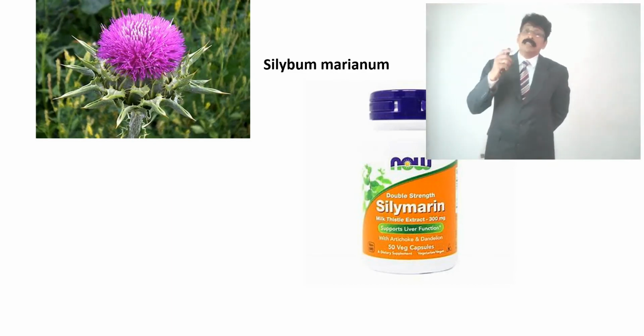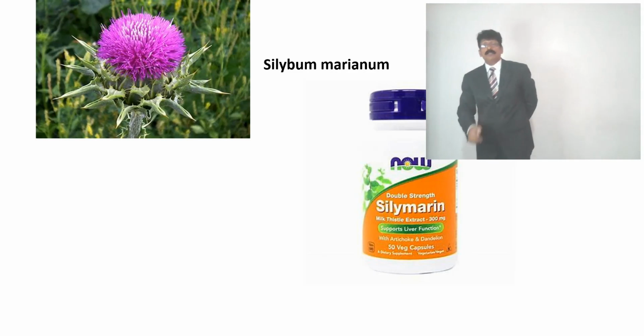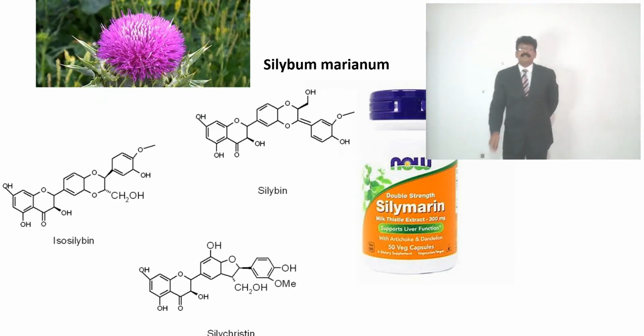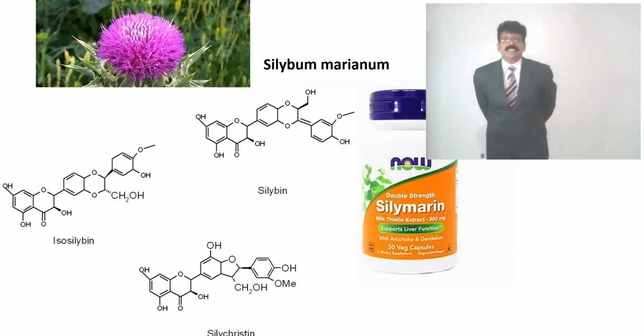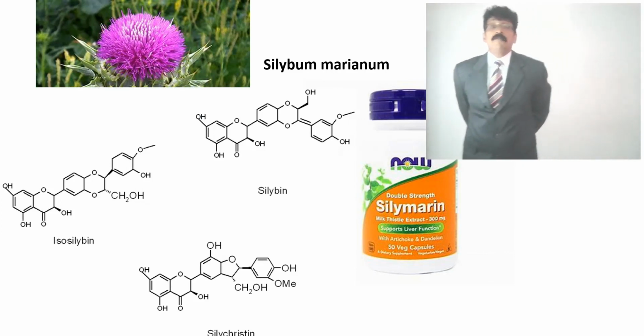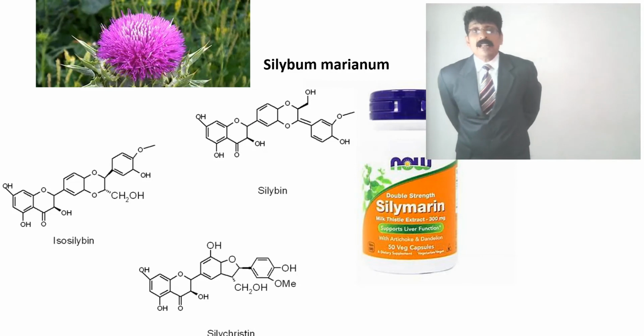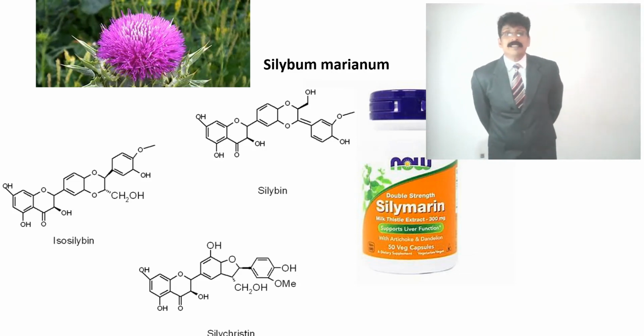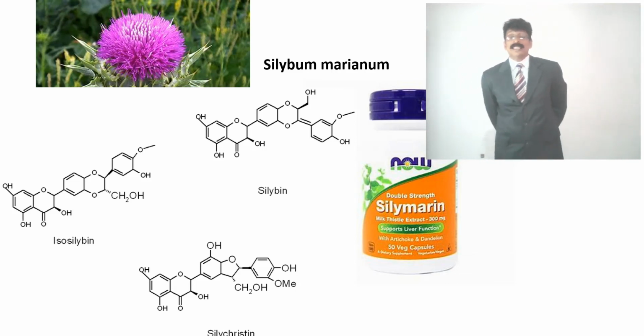Silymarin is an isolated compound available in the market, and these are the constituents present in this plant, Silybum marianum: silibinin, isosilibinin and silychristin.